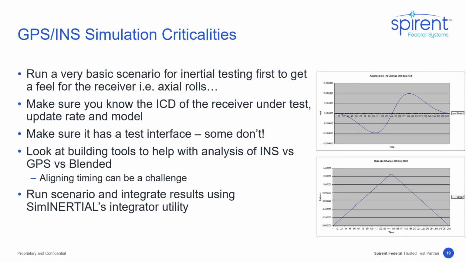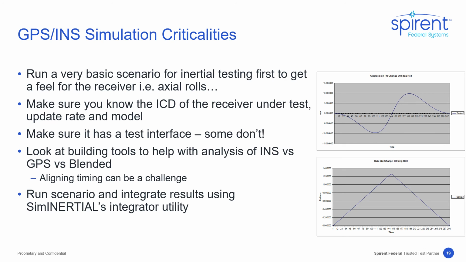Some additional useful bits of advice when looking into simulation. A basic scenario for inertial testing can be a good method to get familiar with the receiver and its operation. This can include very simple trajectories or exercising single-axis motion using the axial roll commands within SimGen.